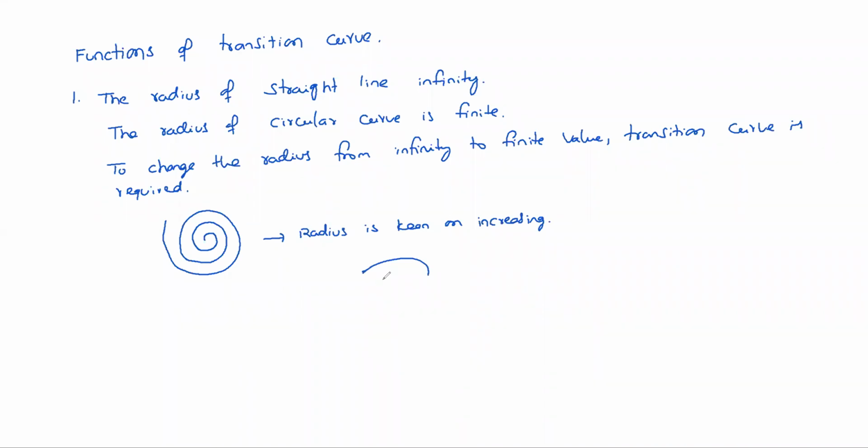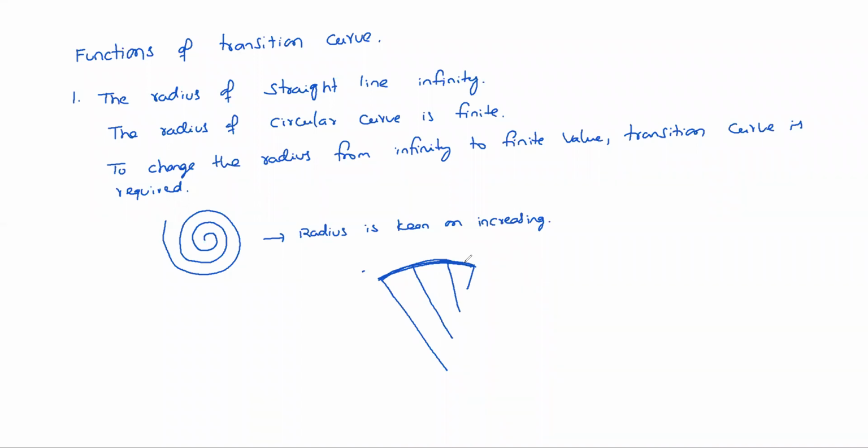Suppose here very high radius, then radius decreases, then again radius decreases, then again radius decreases. So the property of this transition curve is radius decreases from infinity to finite.